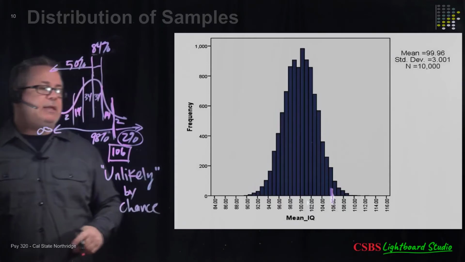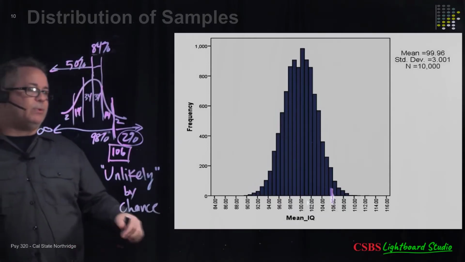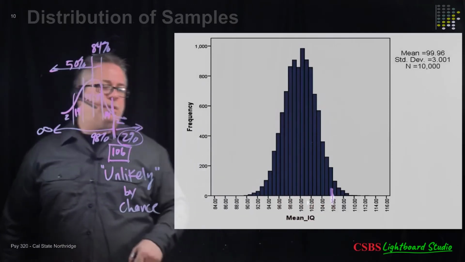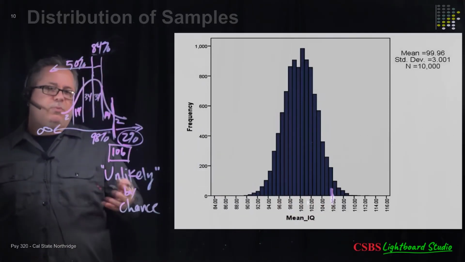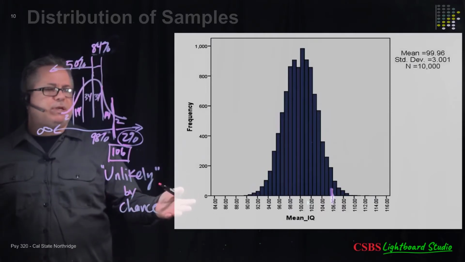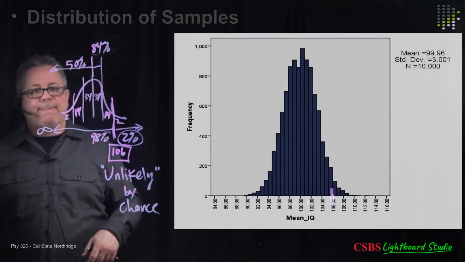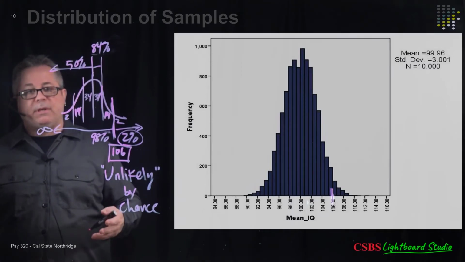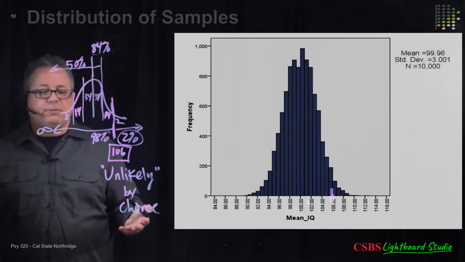So if it's unlikely to happen by chance, what's a better explanation for why we're getting 106? If it's not random variability alone, why would we get 106 in our sample? Well, a better explanation is that IQ Plus worked.